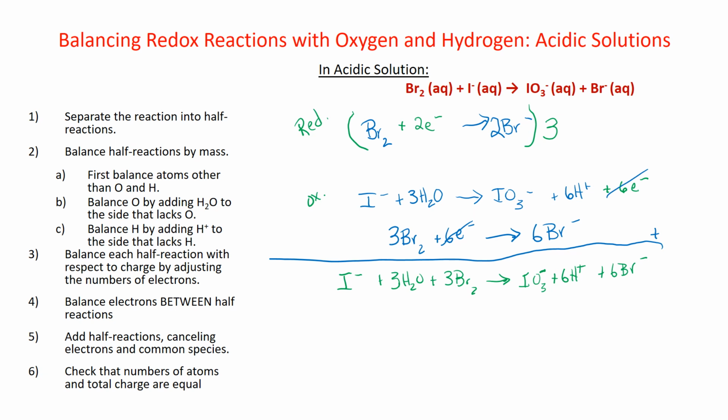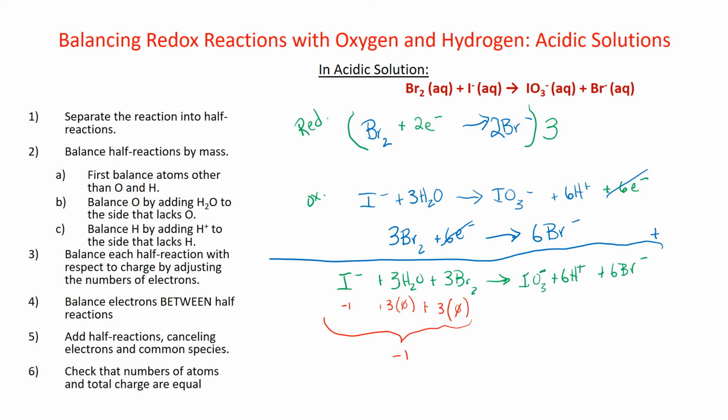We'll just do a quick double check of the charge balance as well. So for the charge, my iodide is a -1. I've got 3, pulling down my coefficient, times the 0 charge for the water because it's neutral. There's no charge written in that upper right-hand corner. And I've also got 3 times the 0 charge for the bromine. So this all adds together to give me a -1 charge total on the left-hand side.